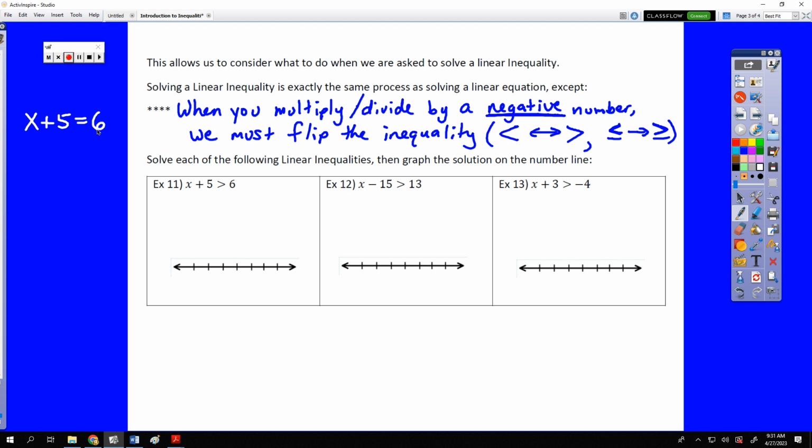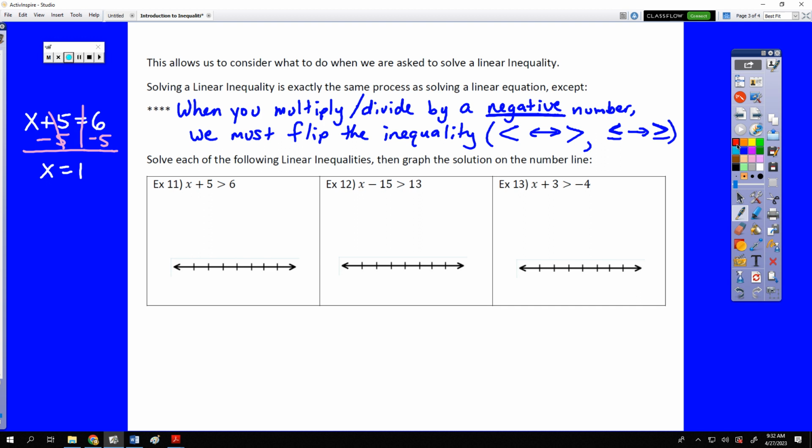Yeah, we just have to subtract 5. Absolutely no difference from this equation. In the inequality, we do exactly the same thing. So in the equation, we would go, oh, I need to subtract 5 from each side, right? And I would get x is equal to 1.